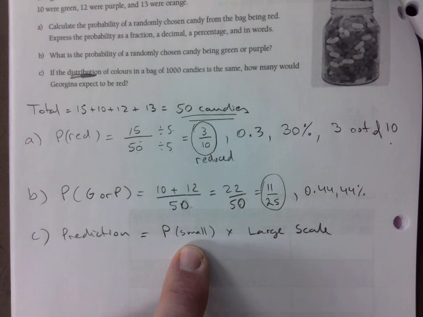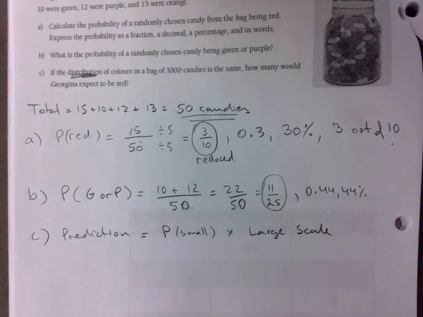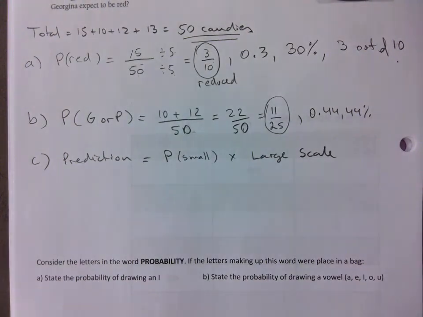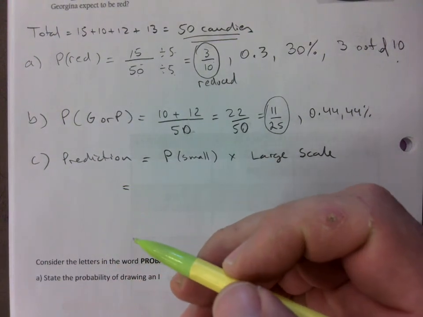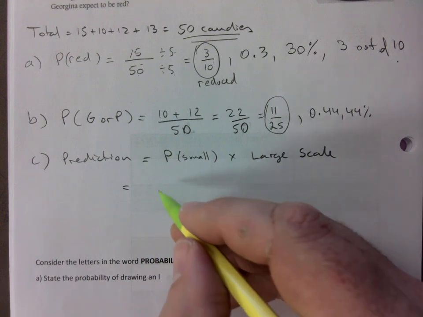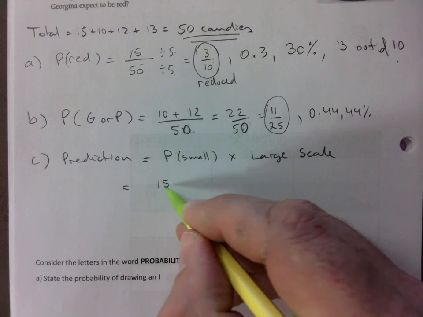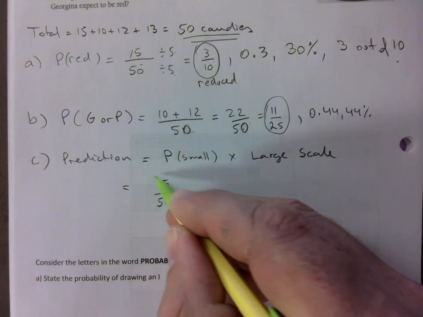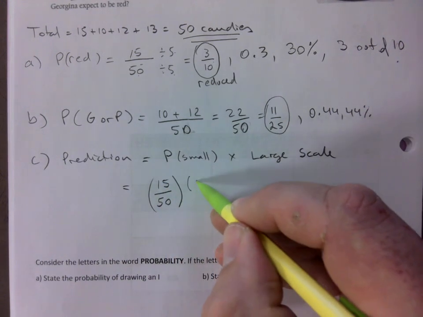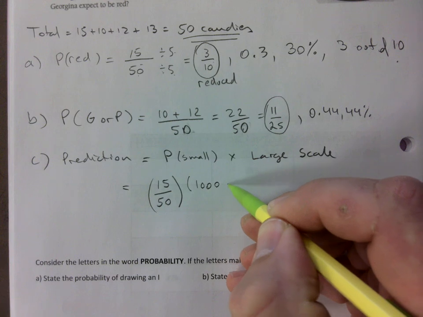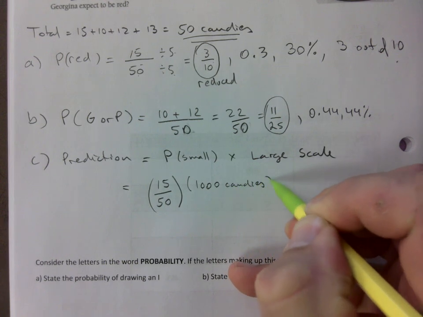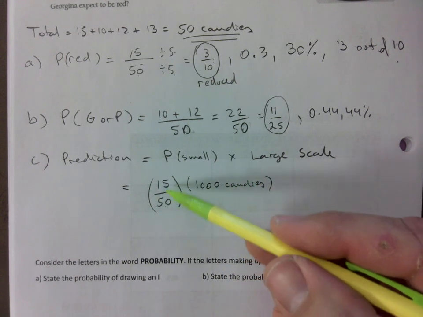I know I probably gave you something else in the original formula, but it's okay to change it up because I just make that one up, right? So how many would be red? Probability of red, we already know, is 15 out of 50 or 3 out of 10. It doesn't matter. And we multiply that by 1,000 candies. So you want to see, in 50, we've got 15.